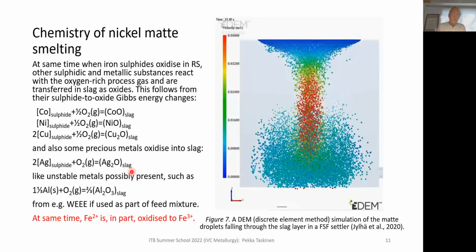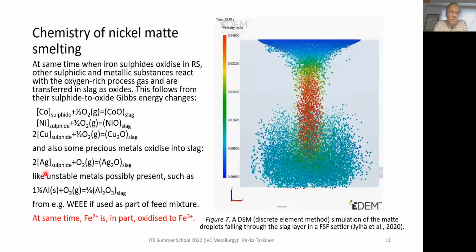But palladium oxide, for example, is relatively stable as a pure substance, and it behaves in a similar way as platinum in nickel and copper smelting systems, as I will be telling you a bit more later.